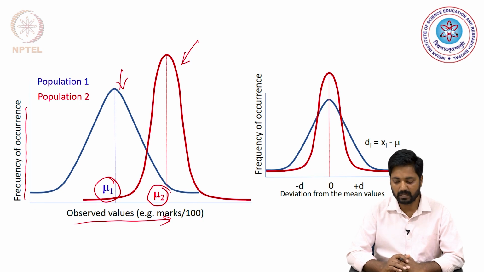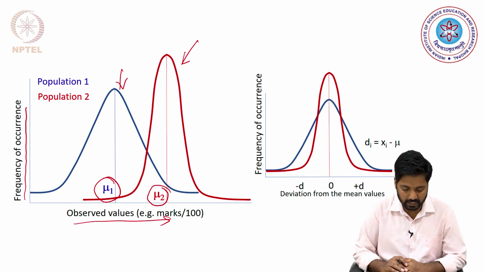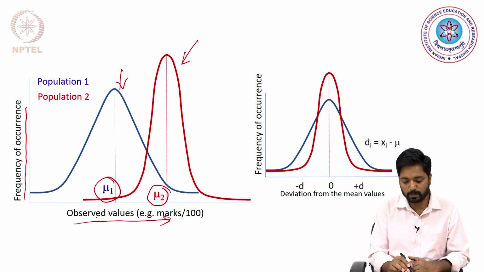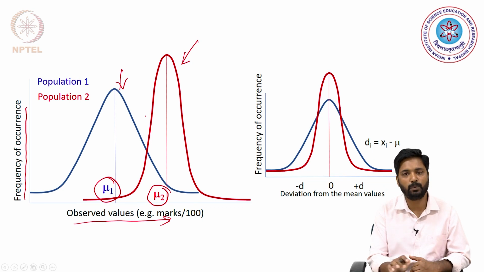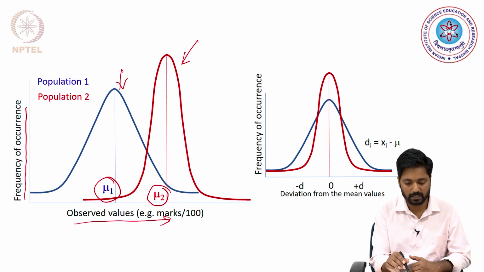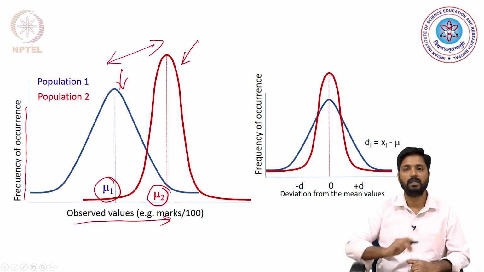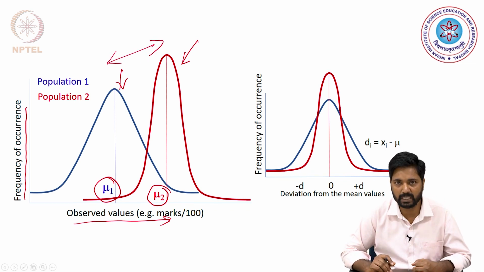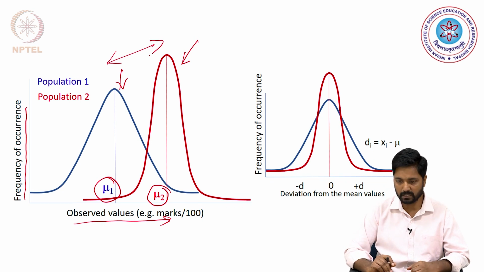Now, let me delve on it a little bit further. So, what we will do here is, if we look at the observed values profile, these population 1 and population 2 are well separated. Now, how do we bring them together to analyze them together?